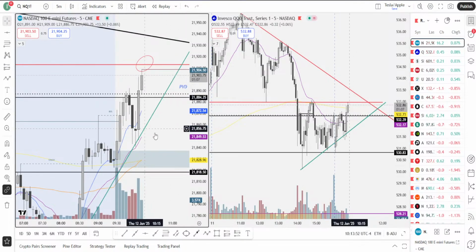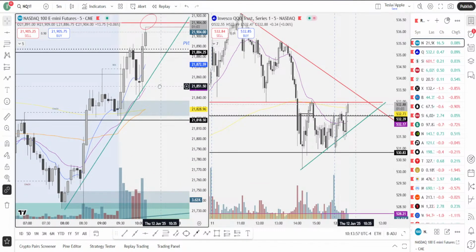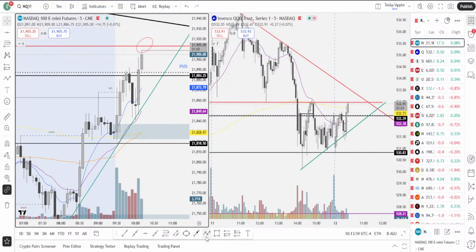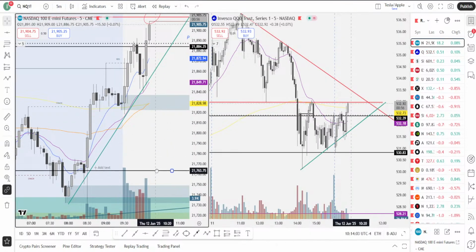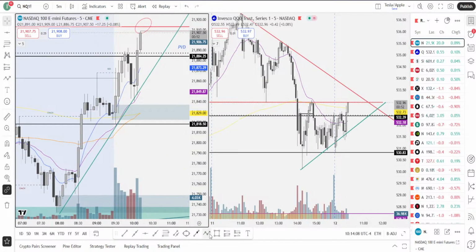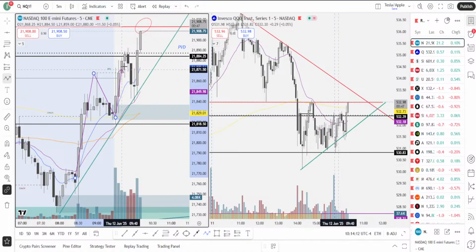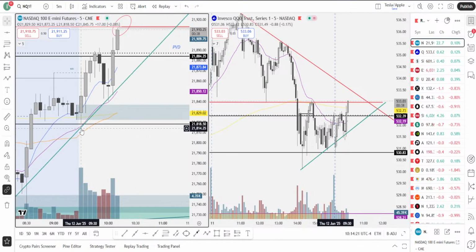One thing I can recommend for you guys to do is to try and buy pullbacks, right? When you want to buy the market, try to buy it when it's pulling back. If the market's going up, the best time to buy is when it pulls back. And a good time to buy the market when it's trending is, as you can see, this purple line here is a 21 EMA.